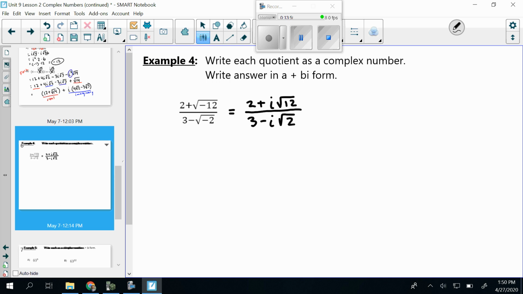Okay, now before we go further here, that bottom square root can't be simplified. This top one, though, from our work with simplifying square roots, we know that one can be simplified. Square root of 12 is the same as square root of 4 times square root of 3. And so square root of 4 is 2. We could write that as 2 square roots of 3. Let's try to get as simplified as possible here. So this would be 2 plus 2I square root of 3.